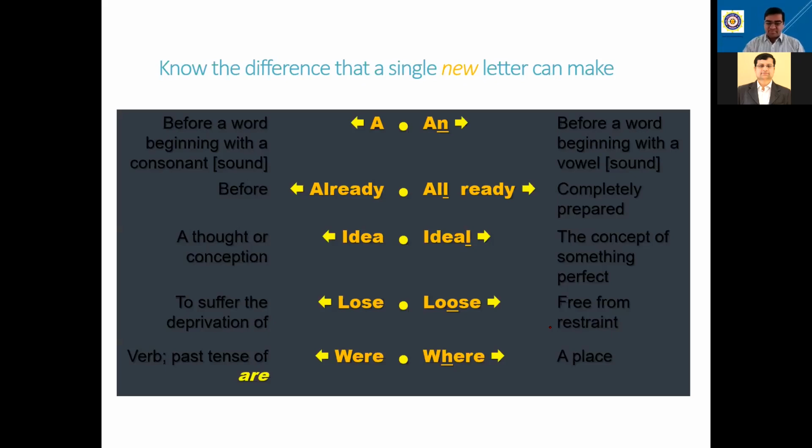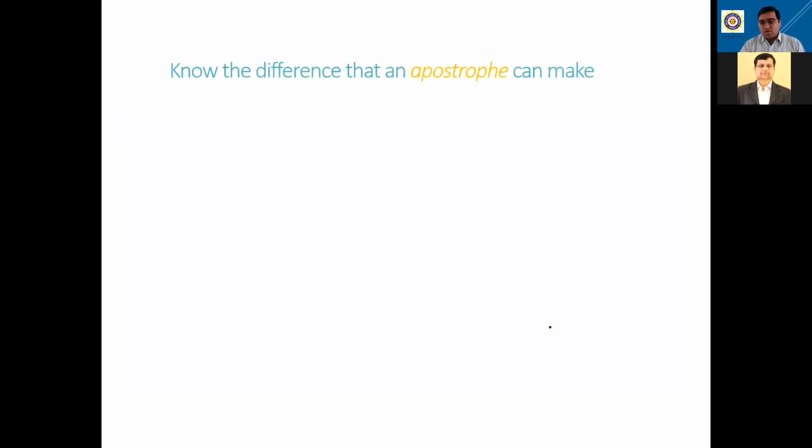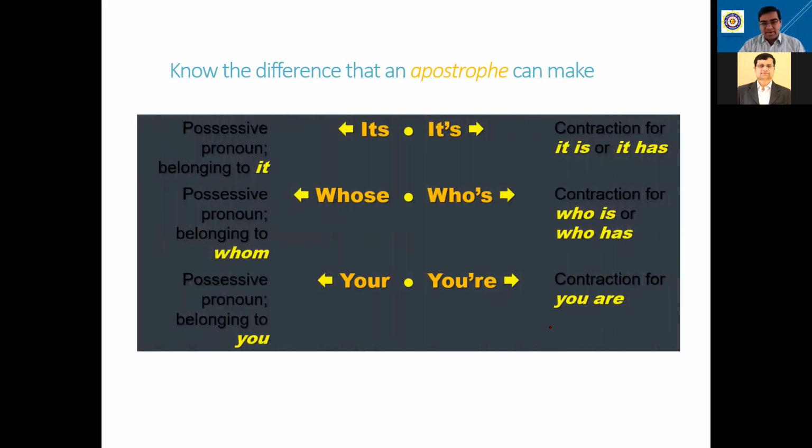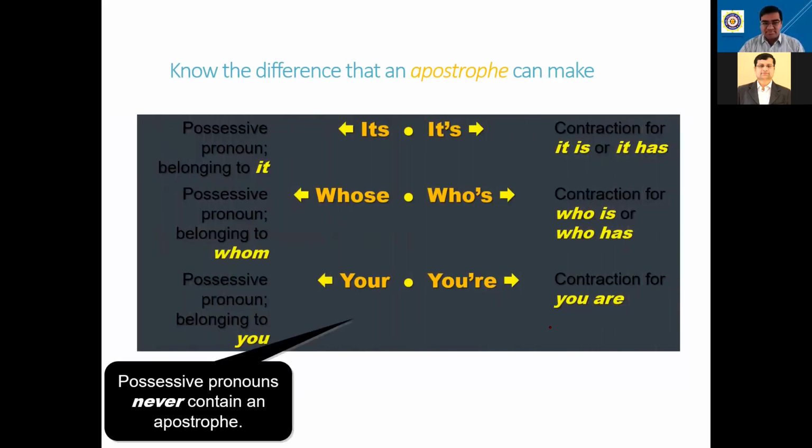Were, where, right? These are the common mistakes that students make. It's and its. Whose, who is, who has, your, you are.